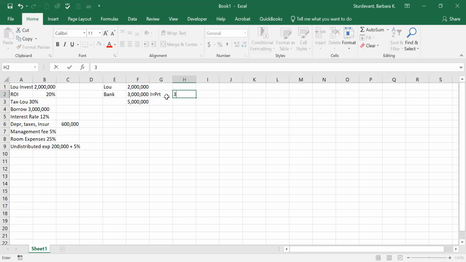So we're going to take the 3 million and multiply by the interest rate of 12% for 1 year. The 3 million is the borrowed? Yes, that's from the bank.